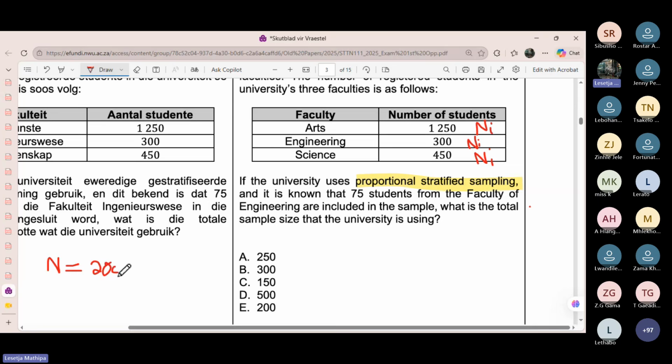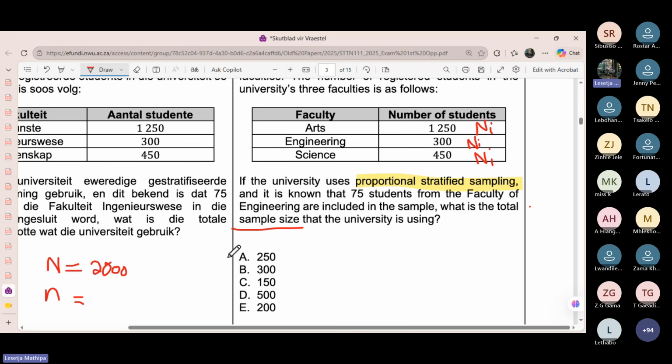Now, what is the small letter n, the sample size? You are required to find the sample size, because they asked what is the total sample size that the university is using. This 75 students is the stratified random sample size from the Faculty of Engineering.